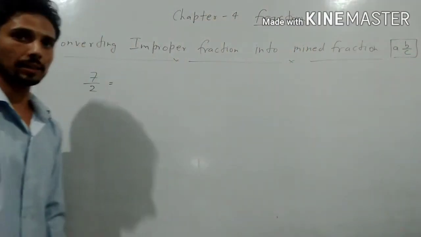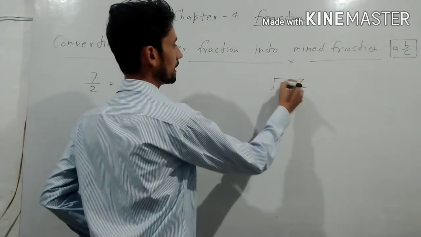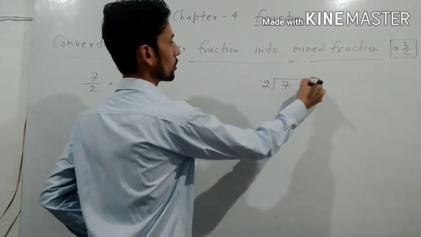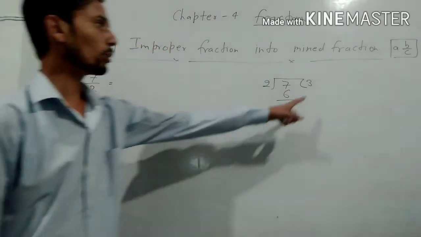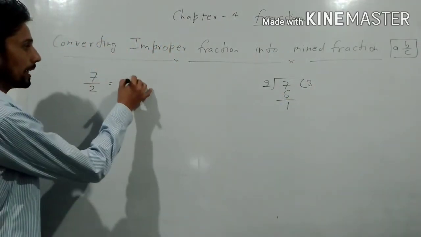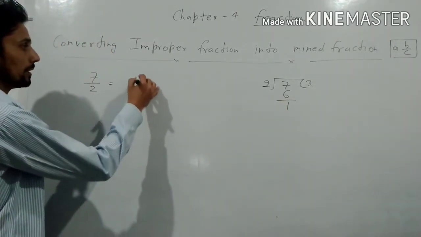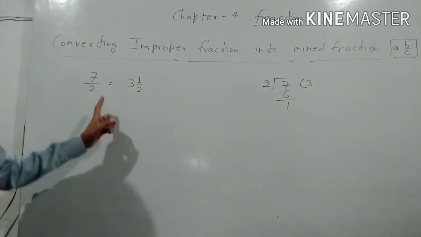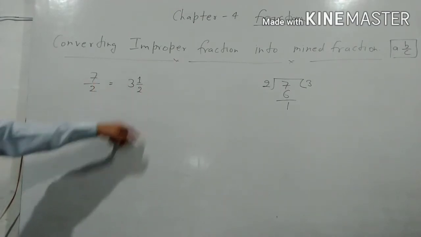So first of all, we divide 7 by 2. 2 threes are 6. 1 is remainder. So we write quotient in front, remainder at the top and divisor below. So we convert an improper fraction into a mixed fraction.